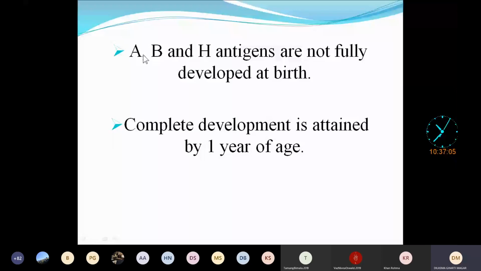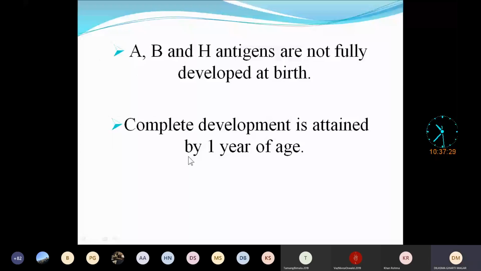That's why the A antigen, B antigen, and the H antigen all will be there in our blood. So that's what the first line means: A antigen is there, B antigen is there, and the H antigen is there, but these are not fully developed at birth. For full development of these antigens, it will take about 1 year of age.